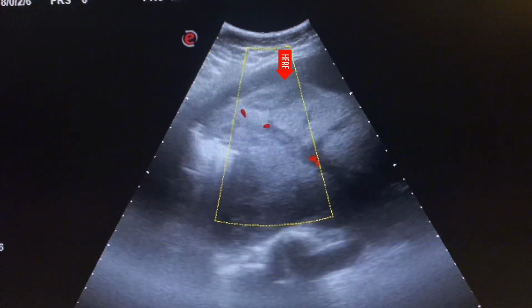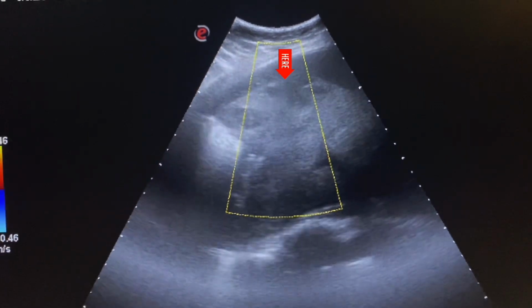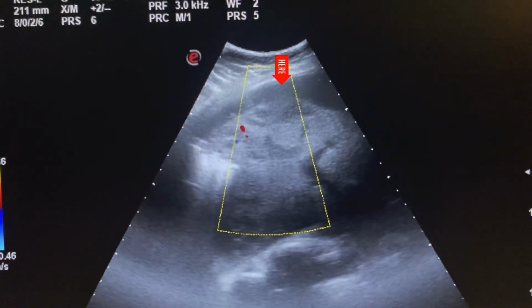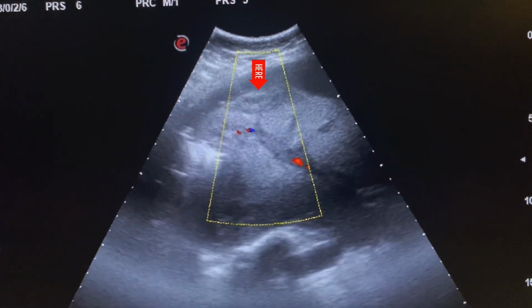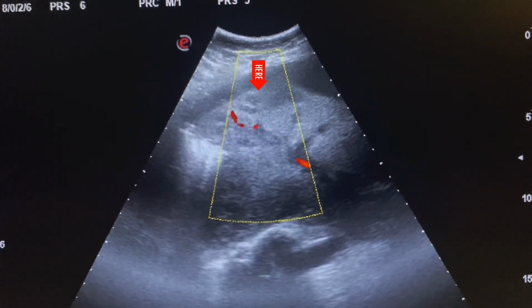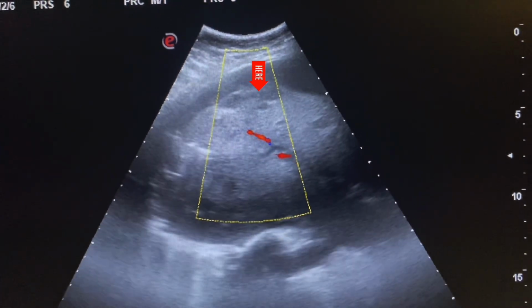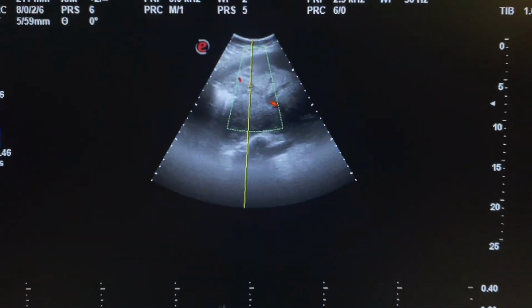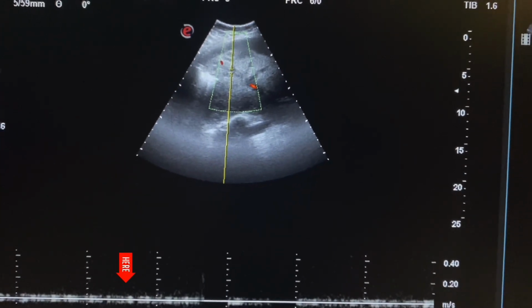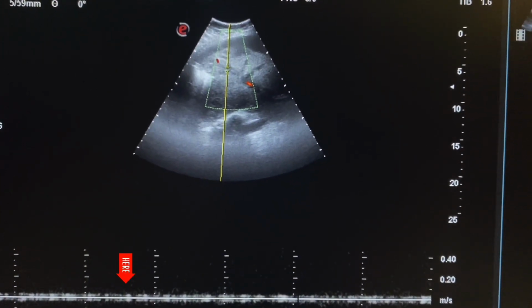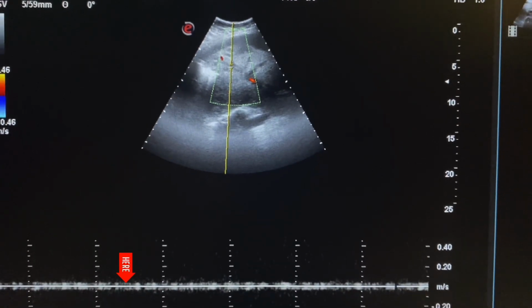We see no flow in these focal lesions. On power Doppler, we also see there is continuous flow in the veins.